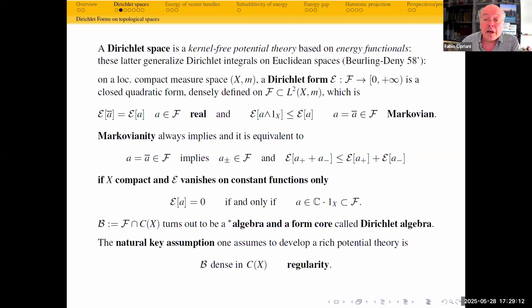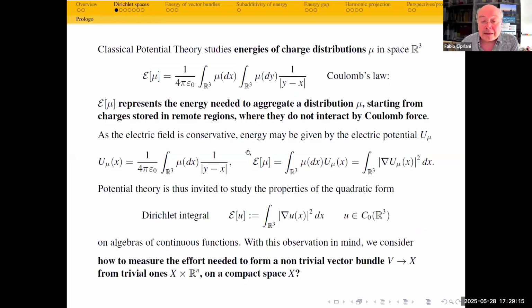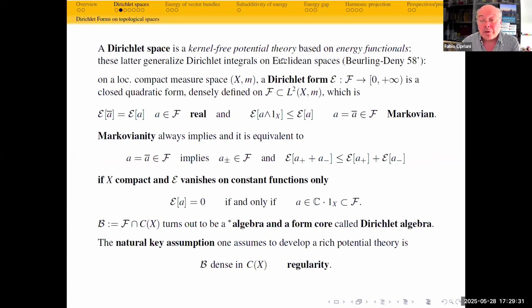So it's a potential theory which does not need to know the precise formula for the resolvent or the kernel to compute things and progress. It has been introduced by Beurling and Deny, and is centered on the idea of energy functionals.